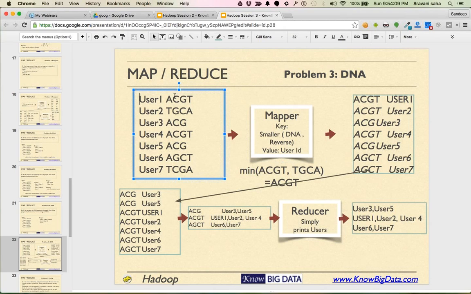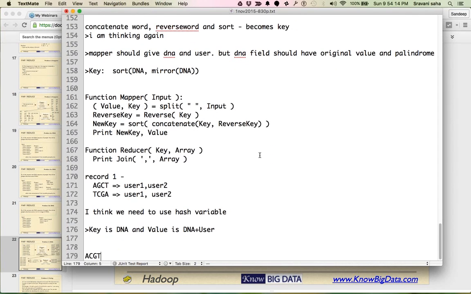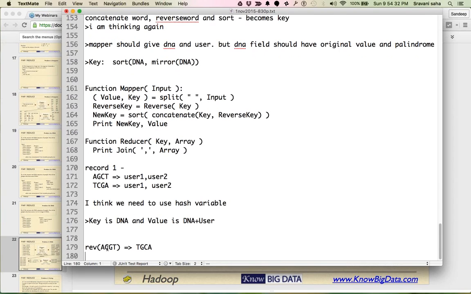For user 1, the DNA is ACGT, and the reverse of it is TGCA. Who is smaller out of the two? Smaller of ACGT and the reverse of it.